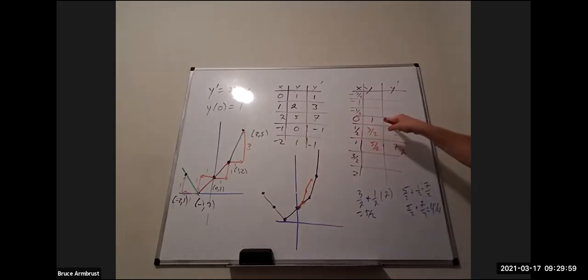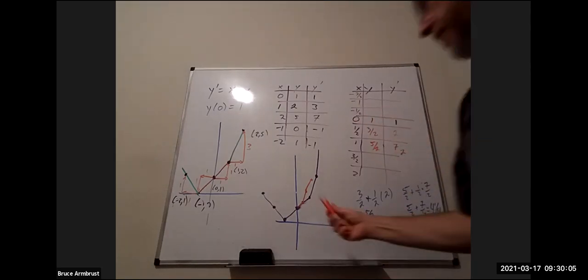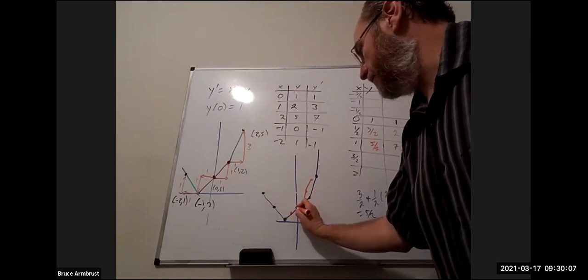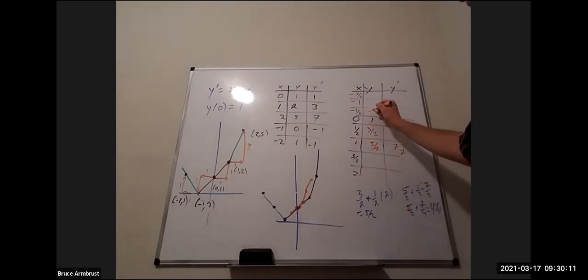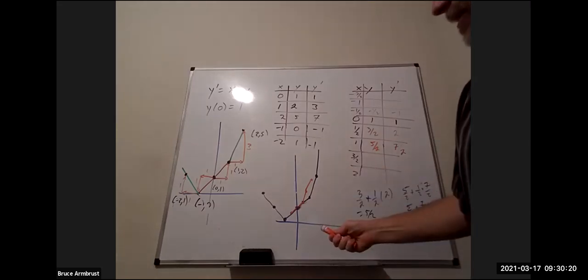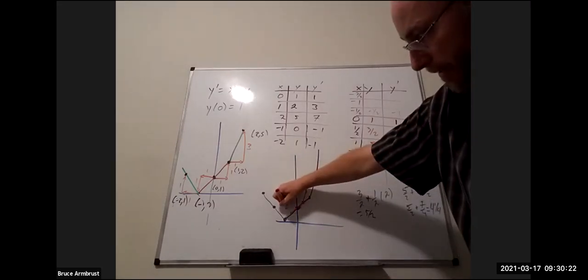Let me go the other direction. So when we were at 0, 1, I'm now going to subtract 1/2. So I'm going to be at this point right there, which is minus 1/2. Adding those together gives me a -1. So now I need to add 1/2. So that's going to bring me back up here.